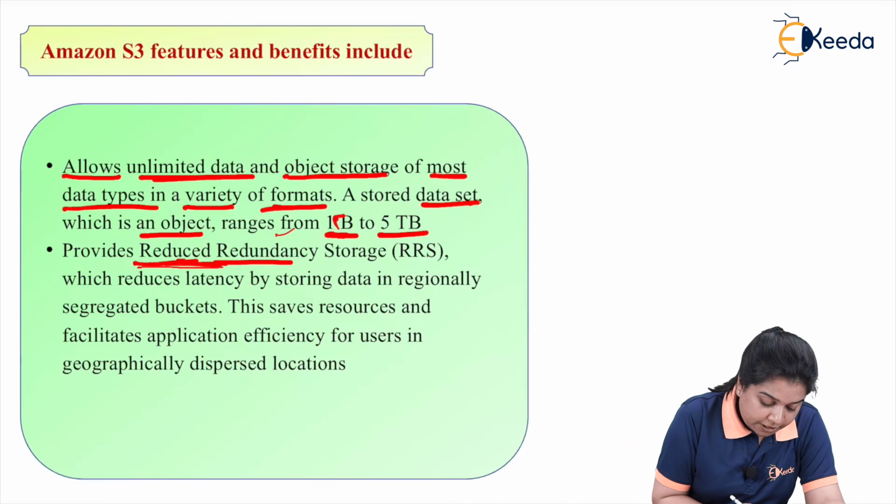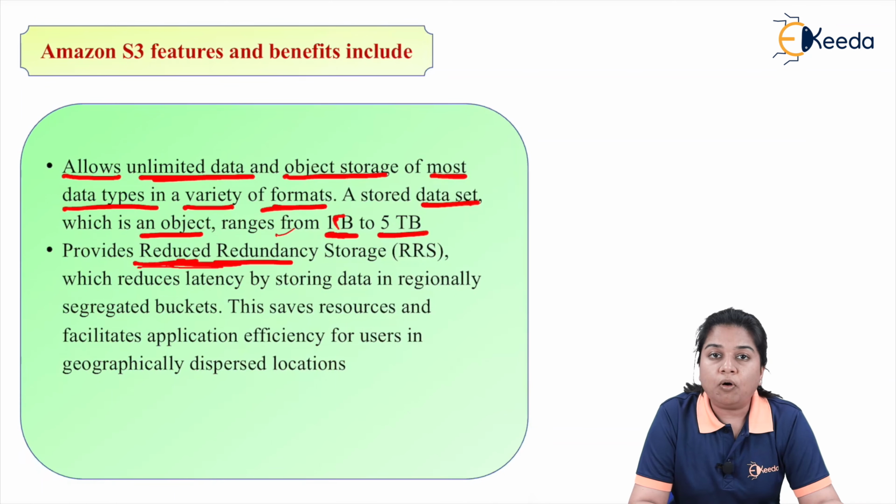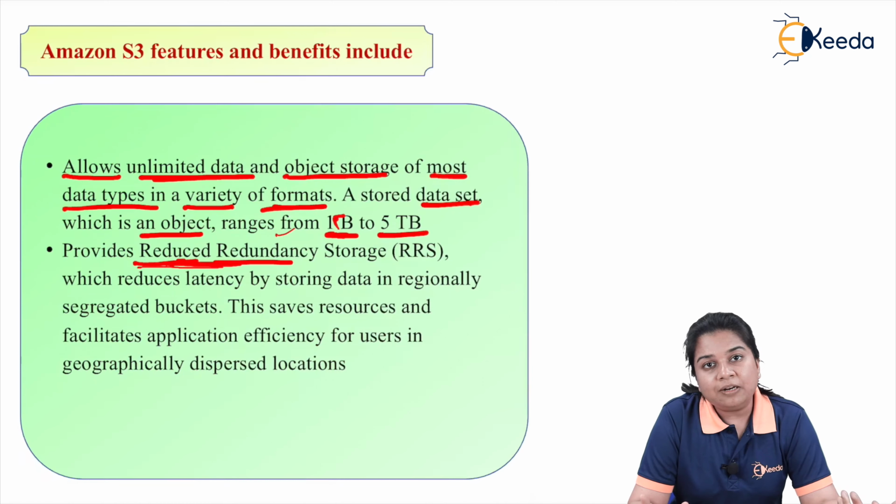So it provides reduced redundancy instead of unlimited or infinite redundancy or multiple copies of your data, because otherwise you would not need those copies, but they would still be occupying your storage space.